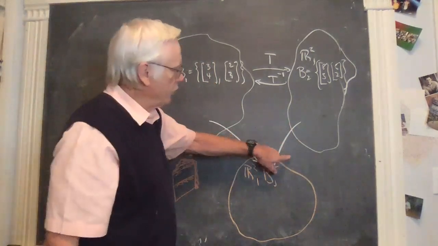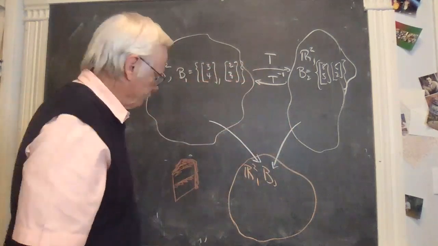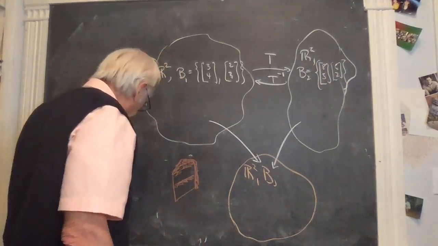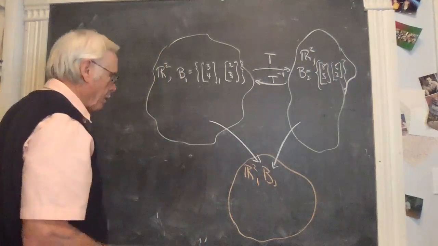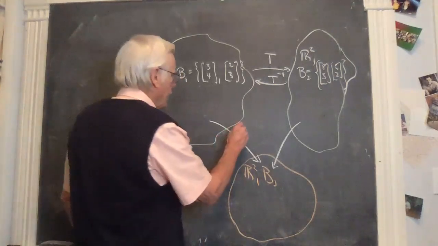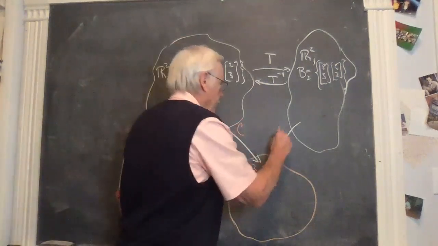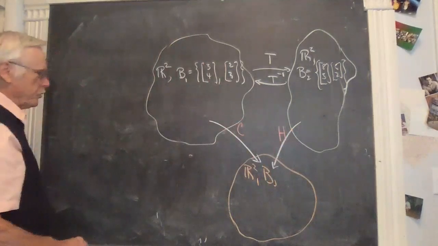These two are easy. Once you get these two, it will be pretty easy to get these as well. So we're going to find these changes. And I need names for them here. So I'll call this one change of basis C and change of basis H. And those matrices are easy.